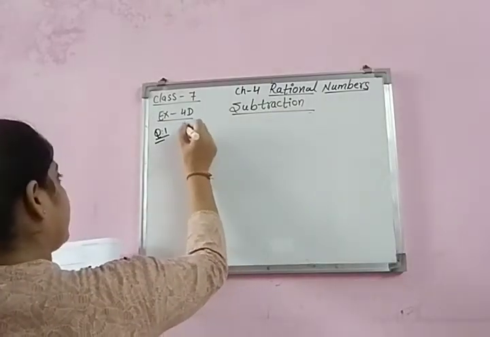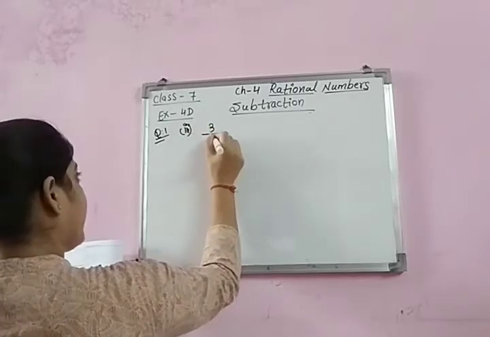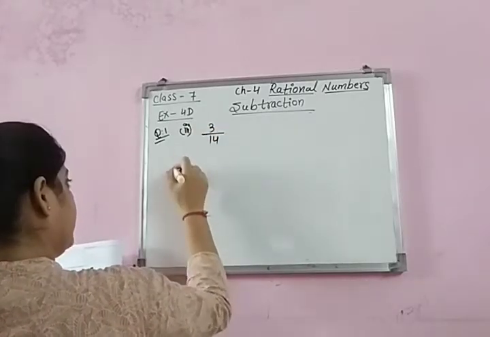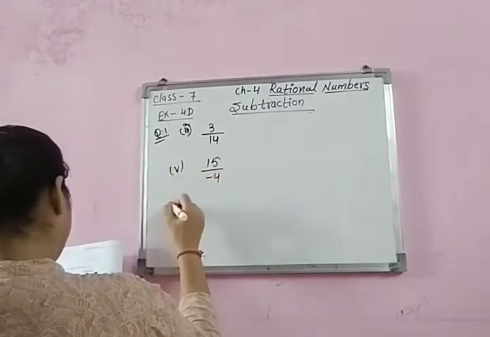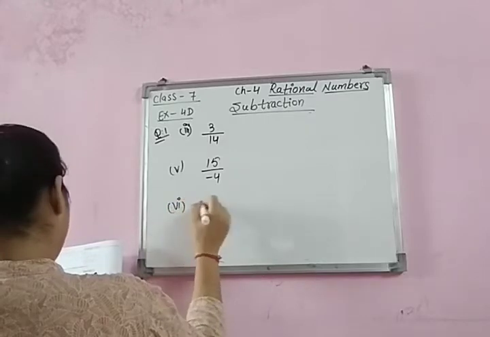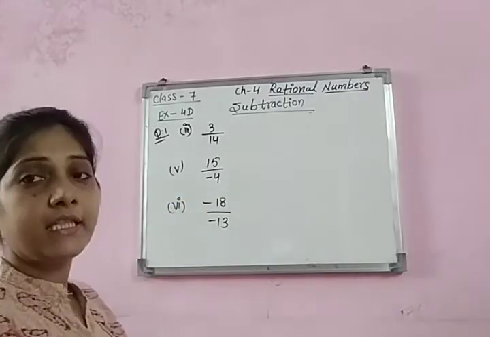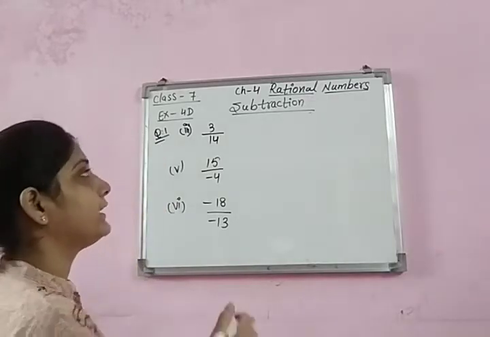I am doing the third directly: 3 by 14, then the fifth, 15 by minus 4, and the sixth, minus 18 by minus 30. These three questions I am sharing with you, and you have to tell the additive inverse.